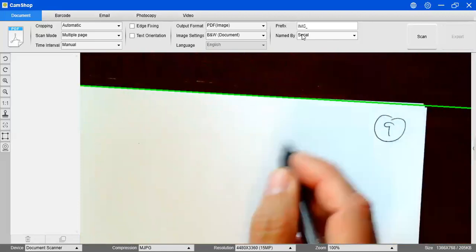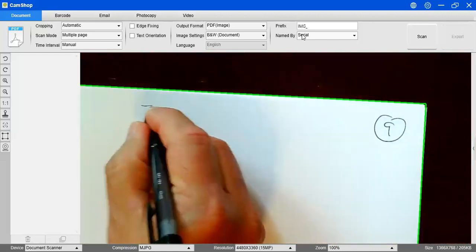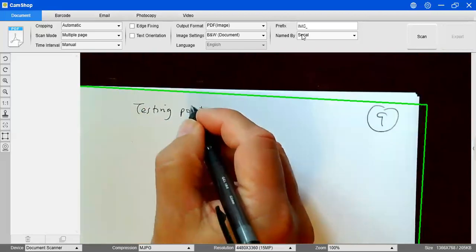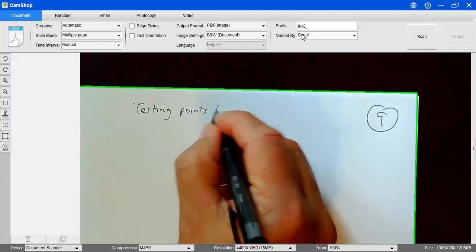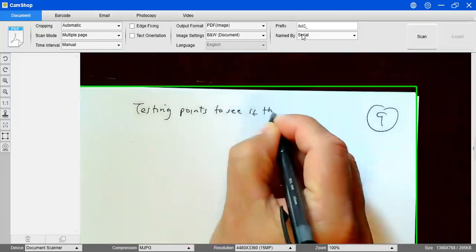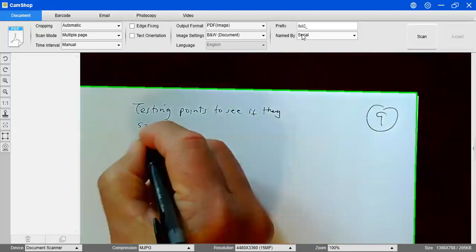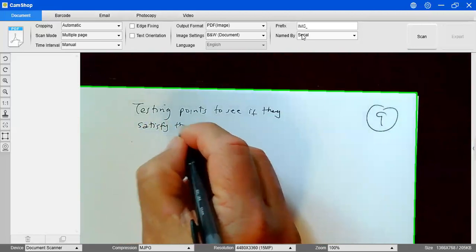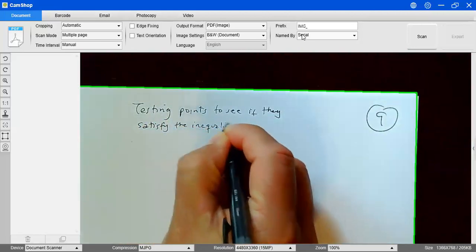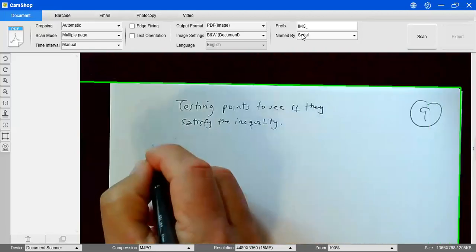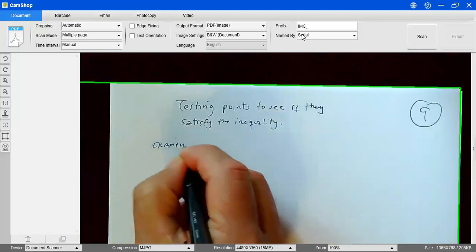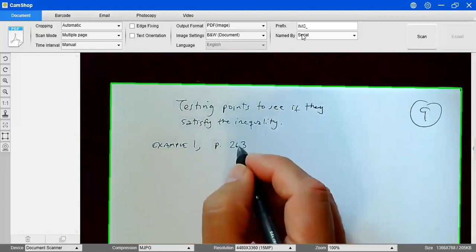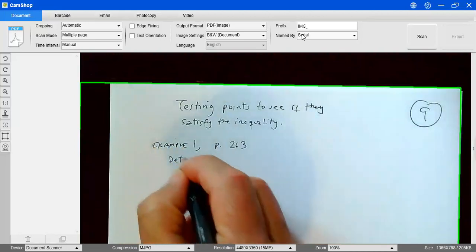So this is about testing points to see if they satisfy the inequality. We're going to start with example 1. Example 1 is on page 263, and the directions are this.